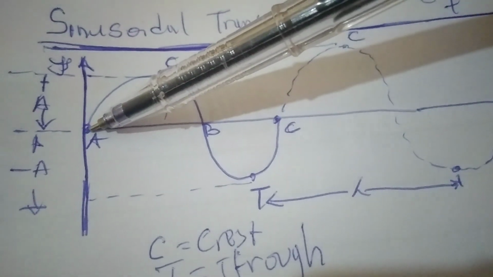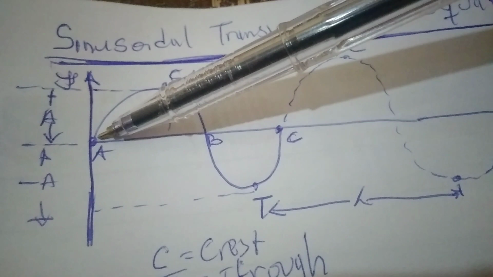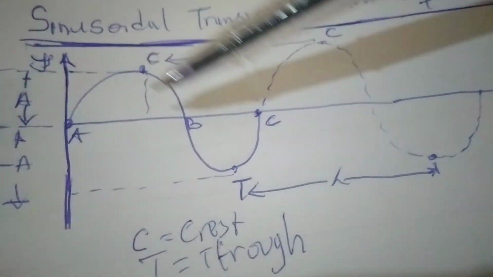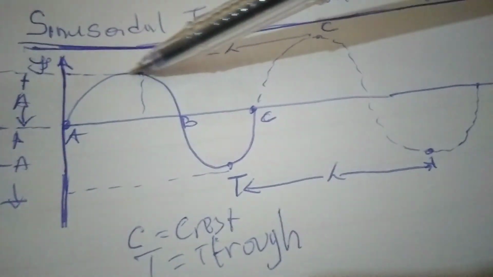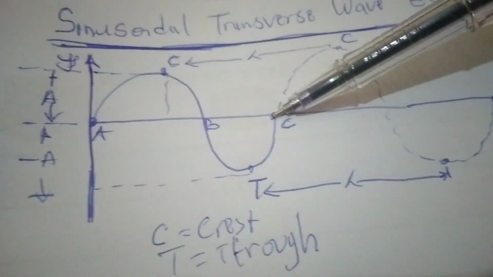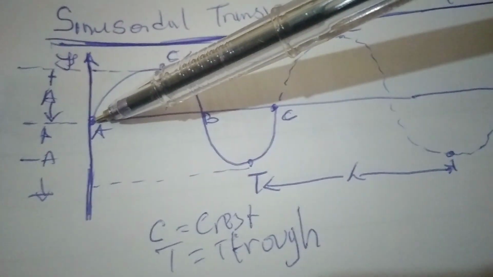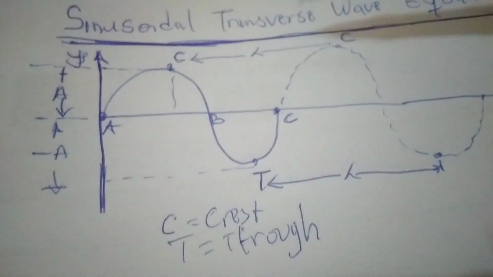If you look at this diagram, we can see that for one full cycle of the wave, from here to here looks like a half cycle, and from here to here looks like another half cycle. These two half cycles make a full cycle wave, and the distance between the starting point and the finishing point of this full cycle is called the wavelength.